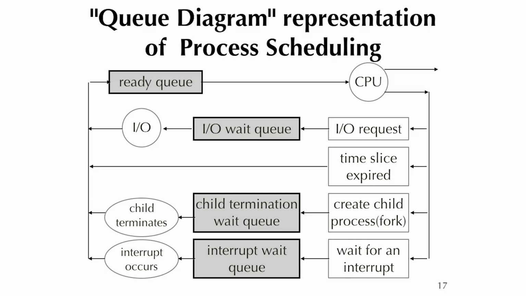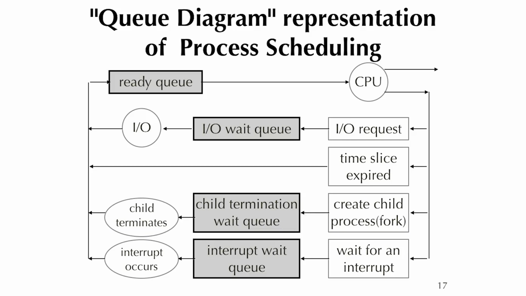Okay, so this is a diagram paraphrased from the book. So you have these potentially different queues. A CPU will be running whichever process is running, right? So you take one process at a time from the ready queue, put it in CPU running, and while running in CPU, what could happen, right? You could make an I/O request, go to the I/O queue, perform the I/O, and then go back to the ready queue. Or you could have the timer interrupt, the OS gets control, and then what happens?